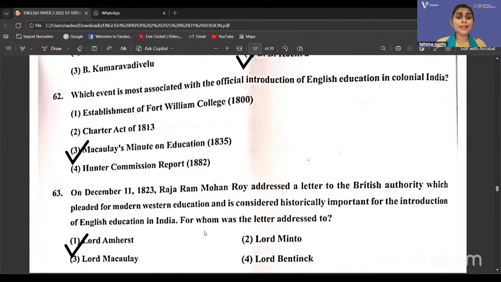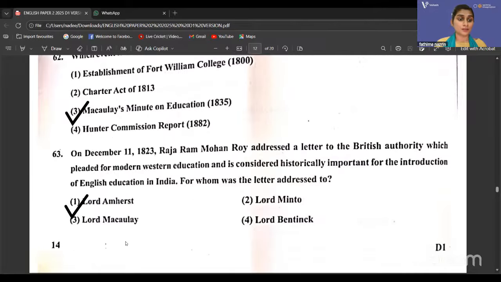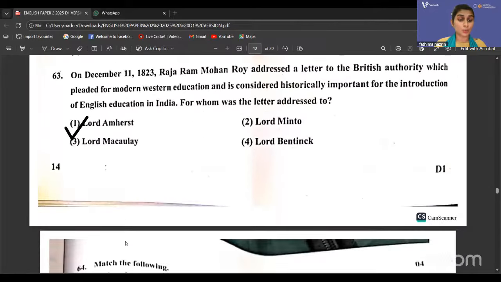Now, on December 11th, 1823, Raja Ram Mohan Roy addressed a letter to the British authority which pledged for modern Western education and is considered historically important for the introduction of English education in India. For whom was the letter addressed? Now, that was addressed to Lord Amherst. So, option number 1 would be the answer for the 63rd question.